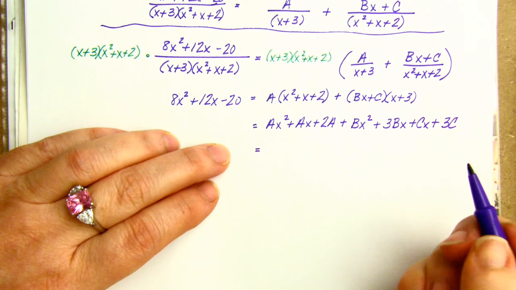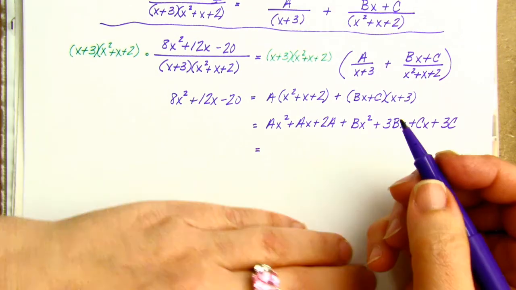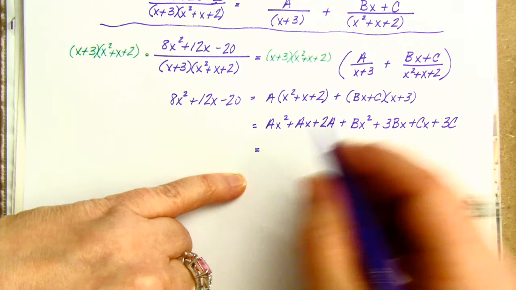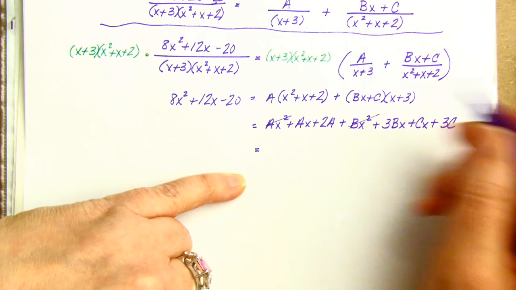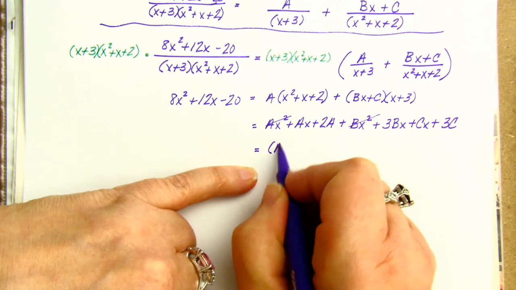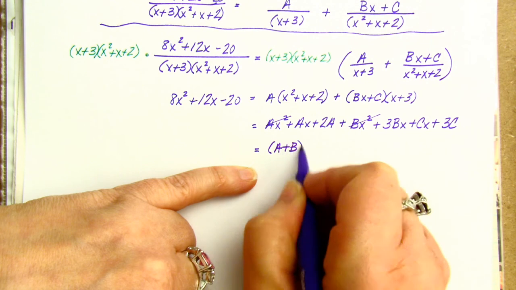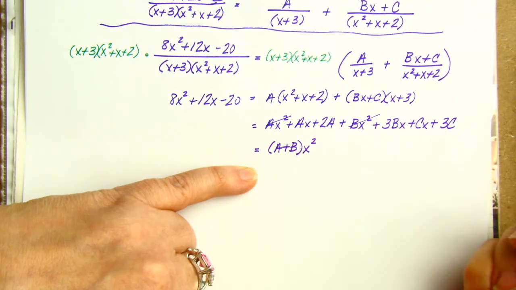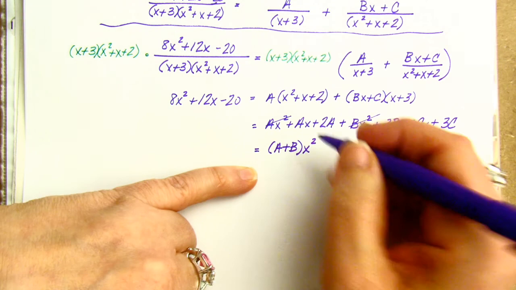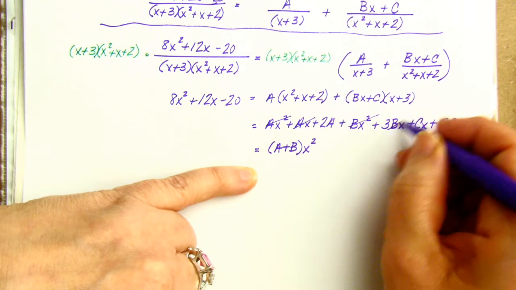Rearrange and factor out any variables. I've got two quadratic terms. That's going to be an a plus b times x squared. Linears. I've got three of them. This one, and this one.